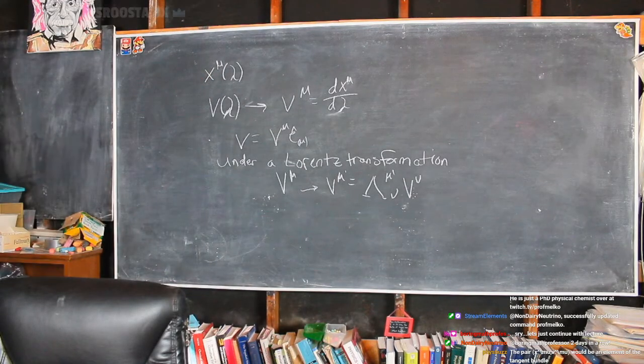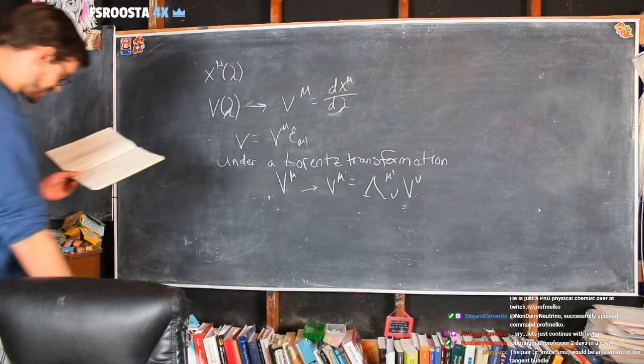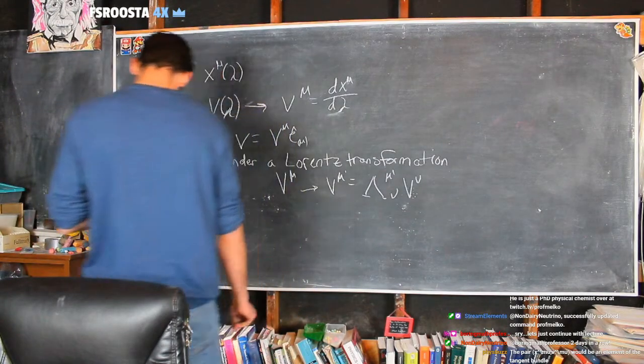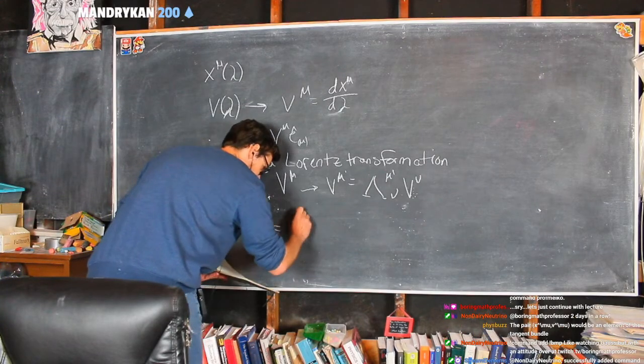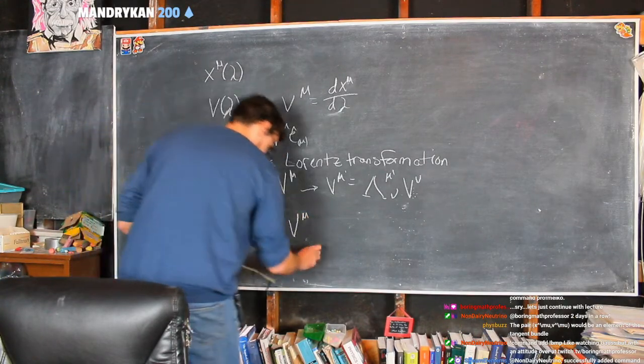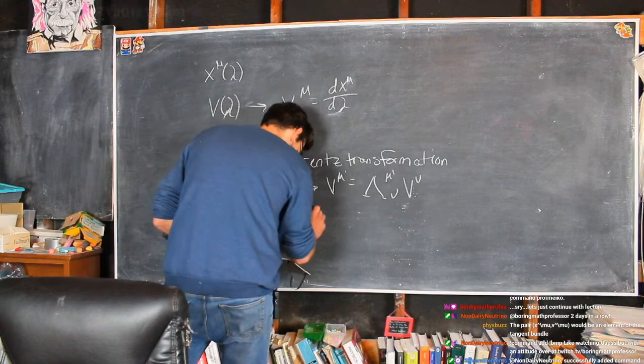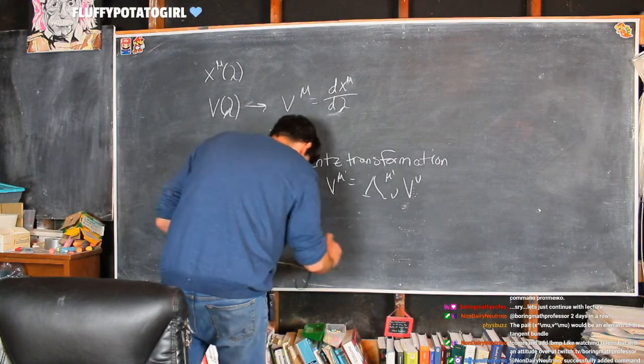So if the vector v is invariant under the Lorentz transformation, then we could find that v is equal to v^μ times the unit vector associated with it.